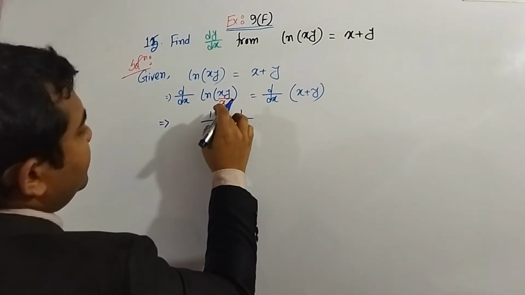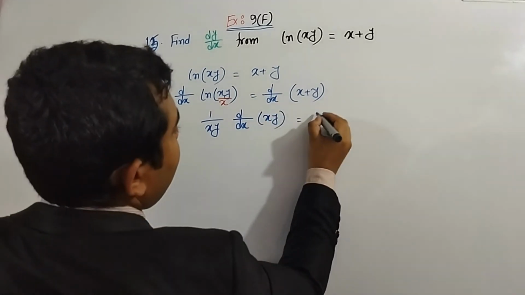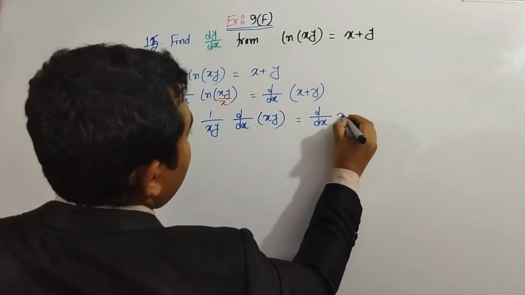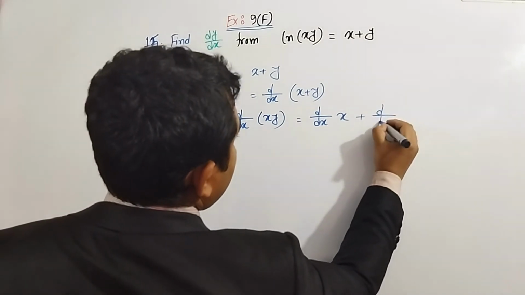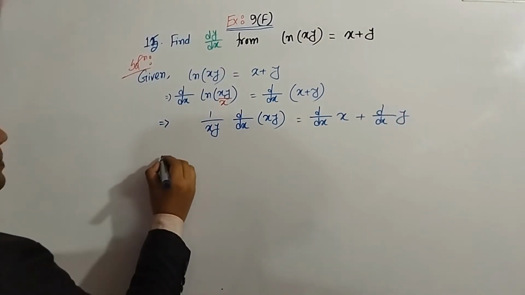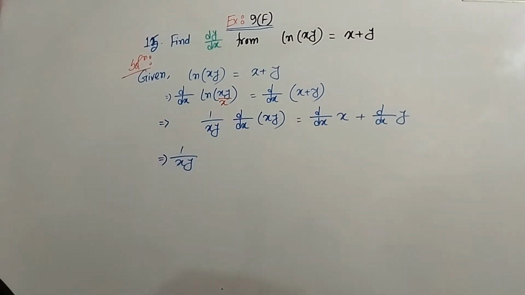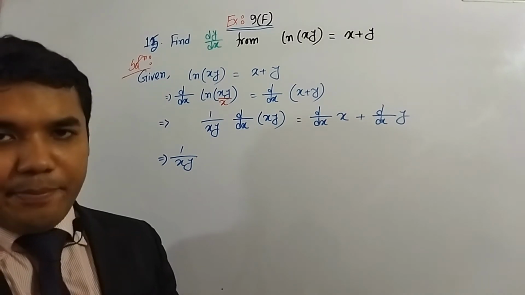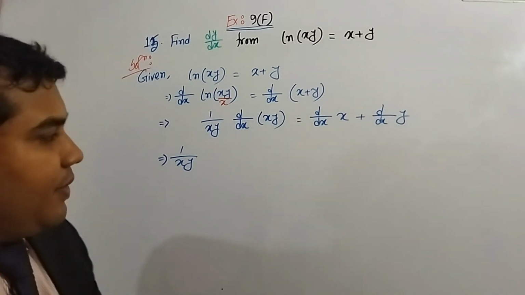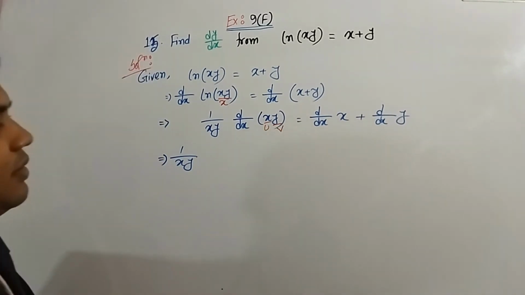d/dx of ln x means 1 by x, and xy equal to d/dx of x, d/dx of y. Here, two things at a time. We have to consider x as u, y as v.